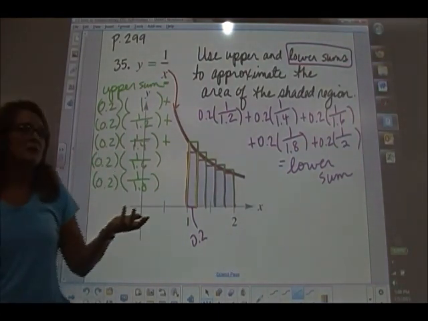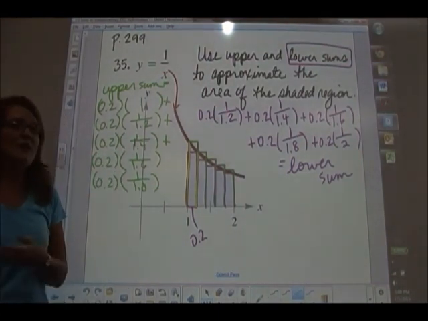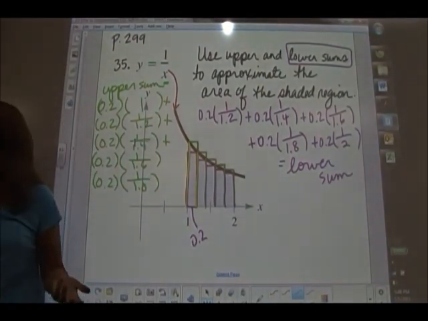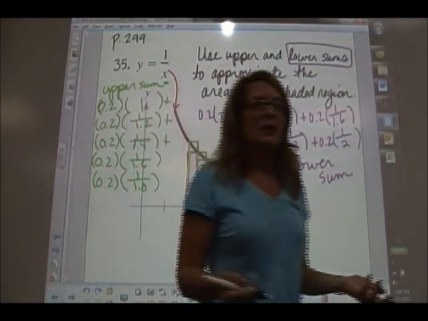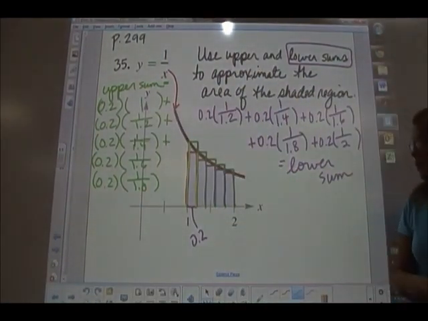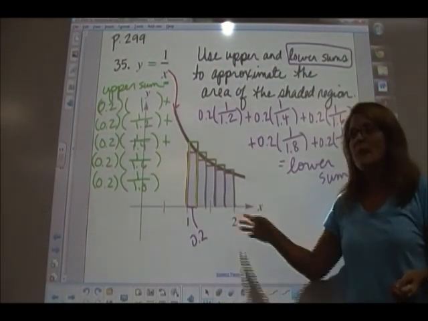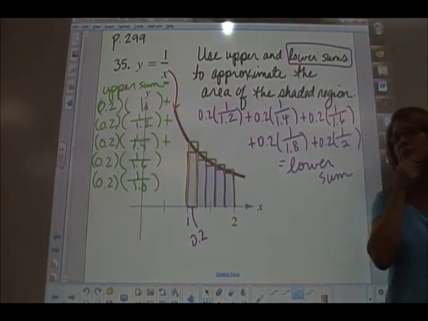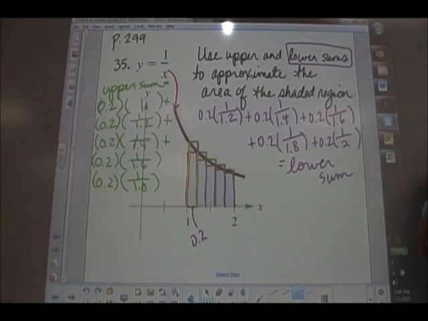So, you know, if we wanted a good estimate without using calculus, we could find both of them, maybe find an average, right? Average them together. Or, if we really wanted to do a lot of work, somebody said a while ago, split up your intervals into a bunch more rectangles. William? Well, if you just subtract the lower sum from the upper sum, and then, never mind, I don't know what else then.